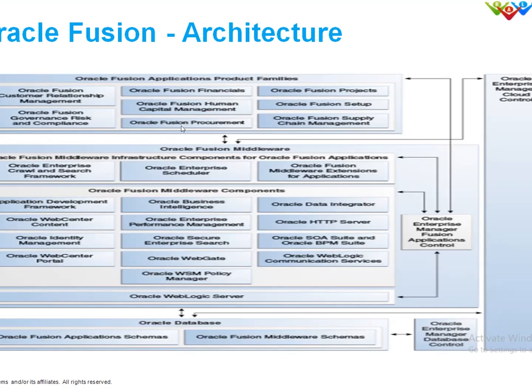So basically, this part is relevant for us with regards to this training. And that too, we are going to emphasize on this Fusion Financials. Here we have different consultants for each of the domains, right? So this is a database layer, database, middleware, and your applications.